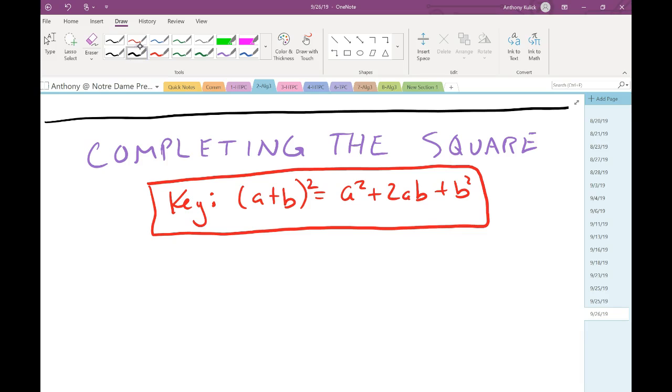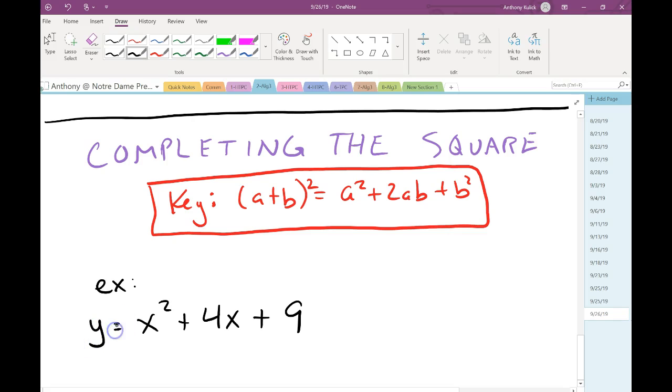So I'm going to just kind of start with an example. So let's say we have just a standard form piece like y equals x squared plus 4x plus 9. We're trying to rewrite this standard form as a vertex form. That should look like this.